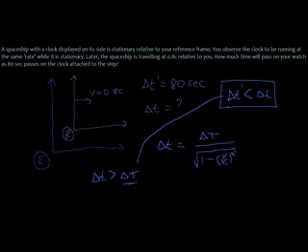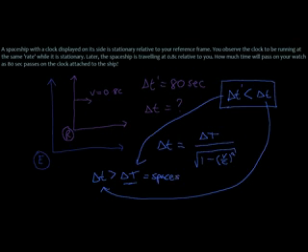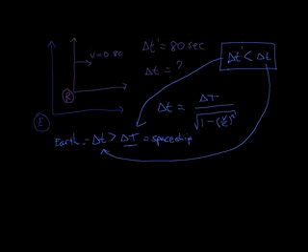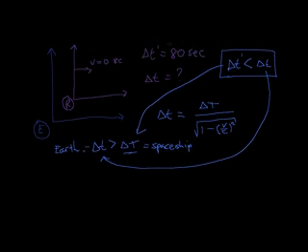So this delta t prime is the time according to the spaceship, while this delta t is your reference frame, say Earth. So we know that the value recorded on Earth, our delta t, must be greater than the time recorded on the spaceship, and so we should get a value which agrees with that.